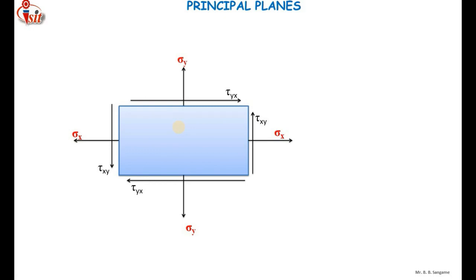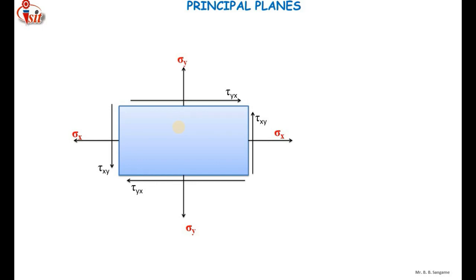I have already told you about the principal planes or the principal stresses. Let us first discuss the principal planes. As I have already told you, the principal planes are the planes on which only axial tensile type of force should be there. There should not be any kind of shear stress.